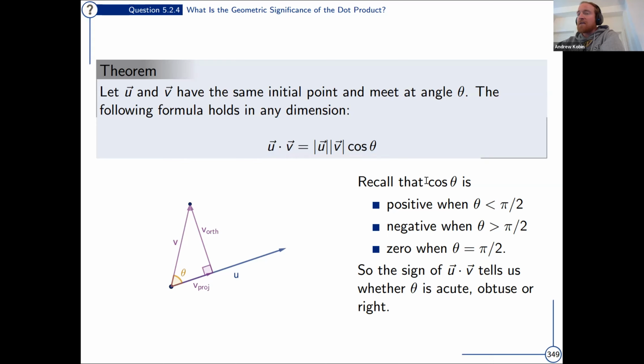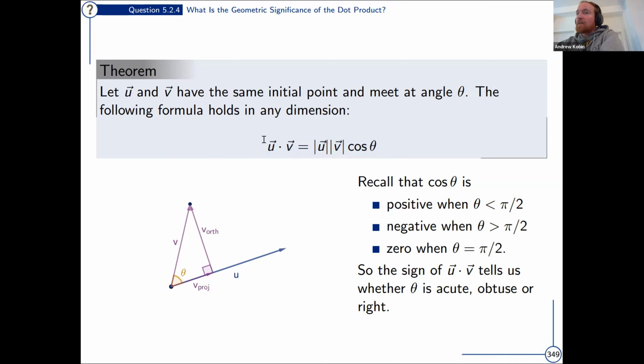Keep in mind that cosine of theta, if you think about the unit circle, is always positive when theta is in the first quadrant, or theta is between 0 and pi/2. It's always negative when theta is in the second quadrant, or theta is between pi/2 and pi. At that 90-degree angle, or theta equals pi/2 radians, cosine of theta is exactly 0. And that's going to correspond to when the vectors are orthogonal, by the way.